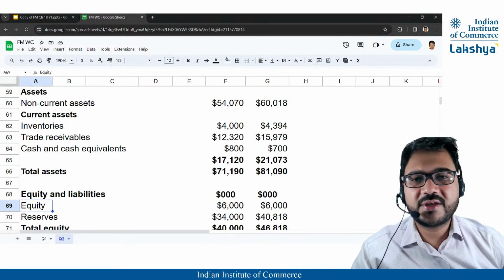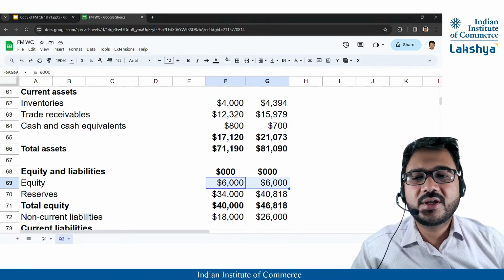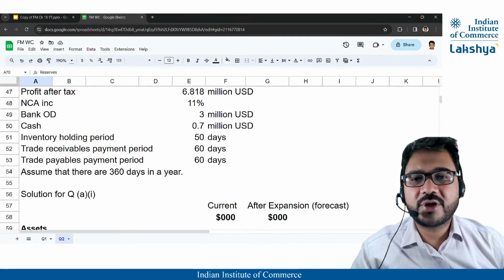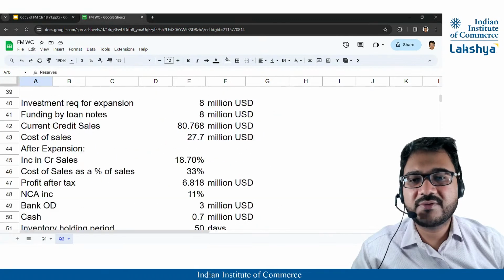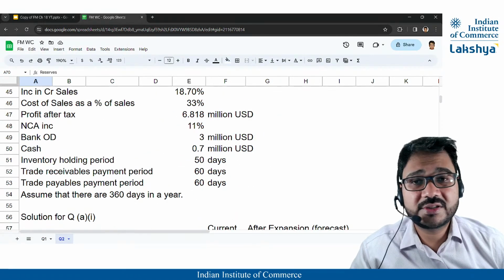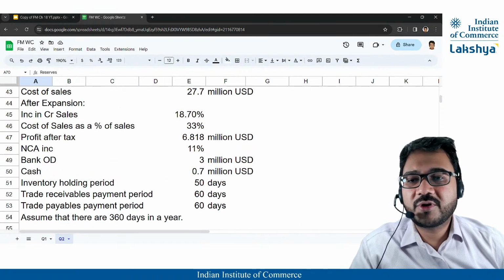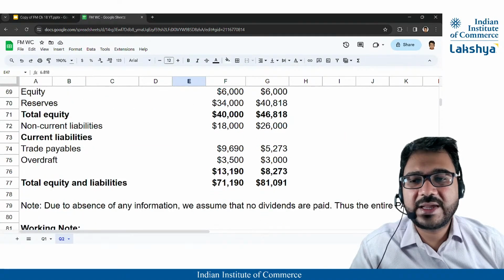In case of equity, well, the funding of the expansion is not done through equity, so equity remains the same. In reserves, whatever your profit after tax entirely will get transferred, because nothing about dividends has been mentioned, so we can assume that. So where is our profit after tax? $6.818 million. So that will get added.